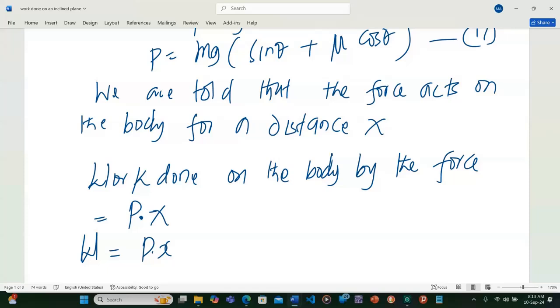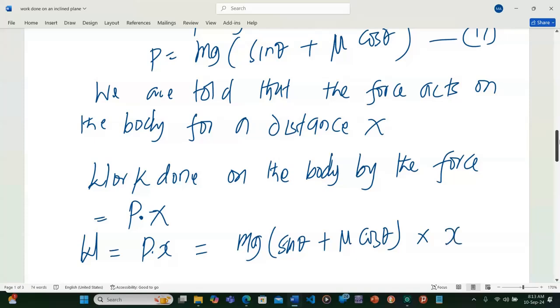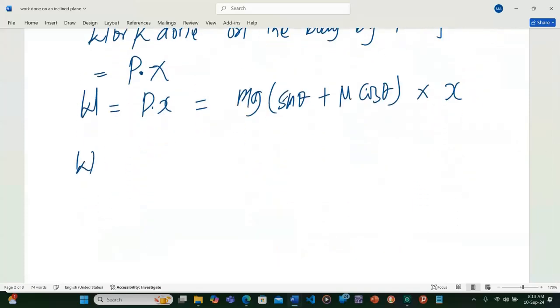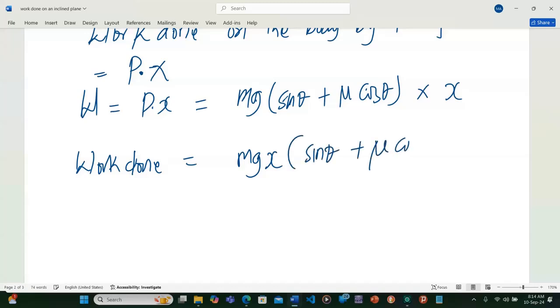But this P, we know it, so this is going to be mg into (sine theta plus mu cos theta). We multiply this by x. So the work done will equal mgx (sine theta plus mu cos theta), and this is as required.